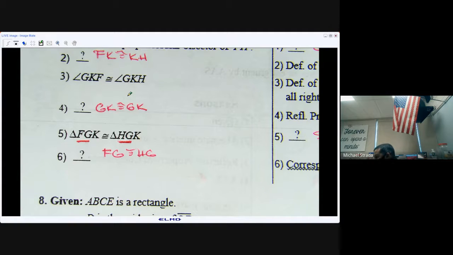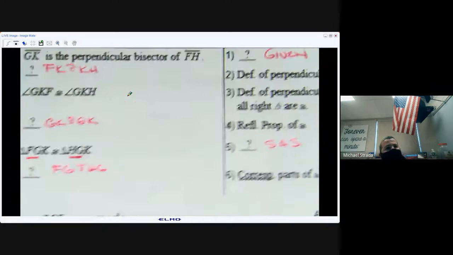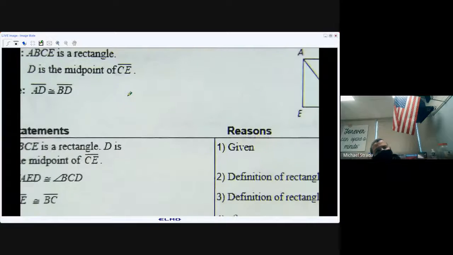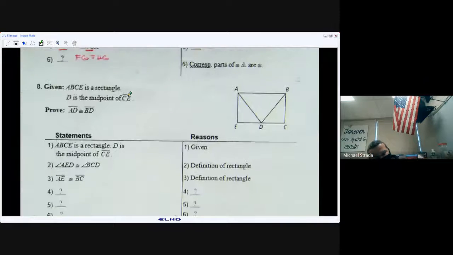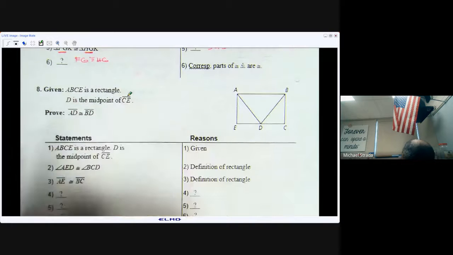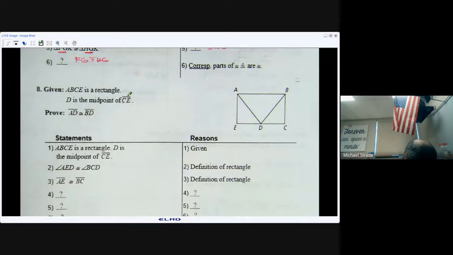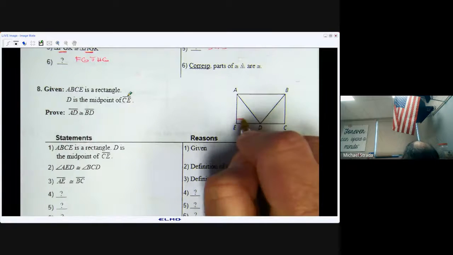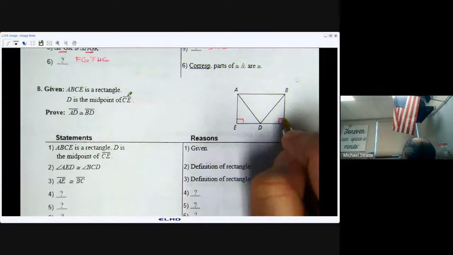All right. The bottom one, you won't have this yet on the proof. We'll come to this in a second when we get back to chapter 6 in a while. But ABCE is a rectangle. All right. That means E and C are right angles.